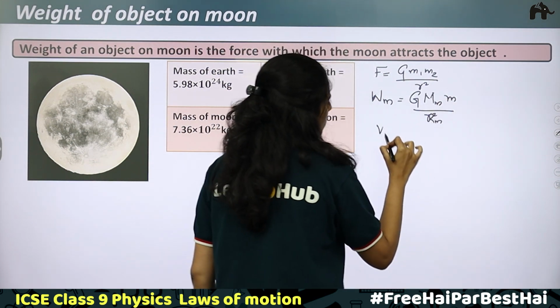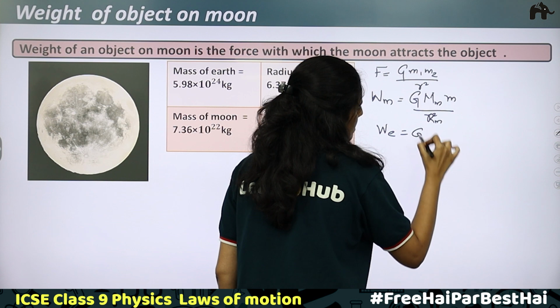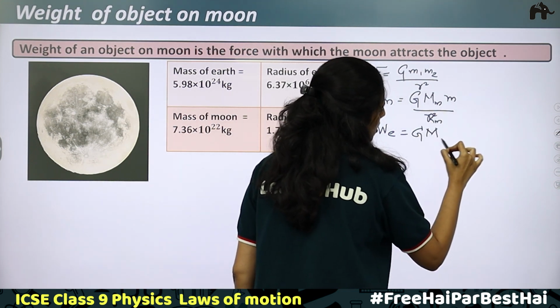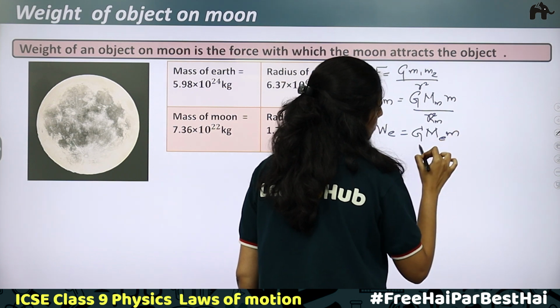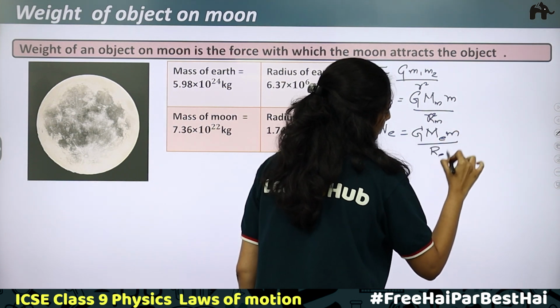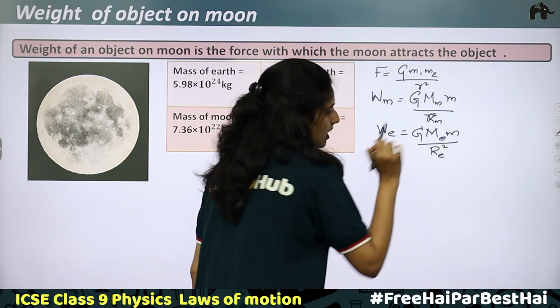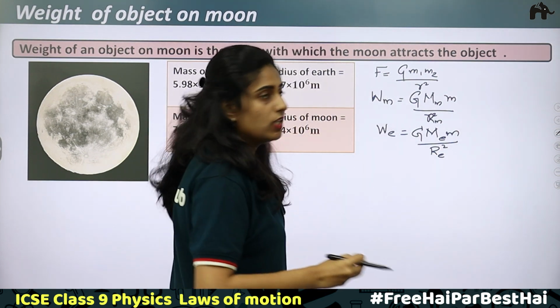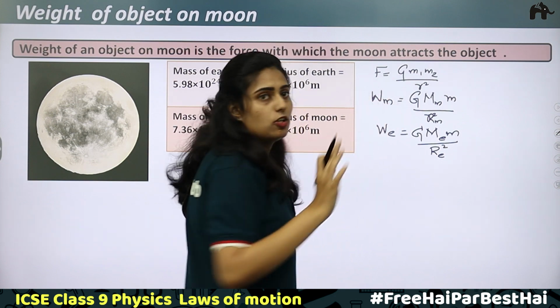Now, weight on earth will be the universal gravitational constant into mass of earth me, mass of the object m, divided by Re square, where Re is the radius of earth. Now we are going to find a relation between the weight of an object on moon and on earth.